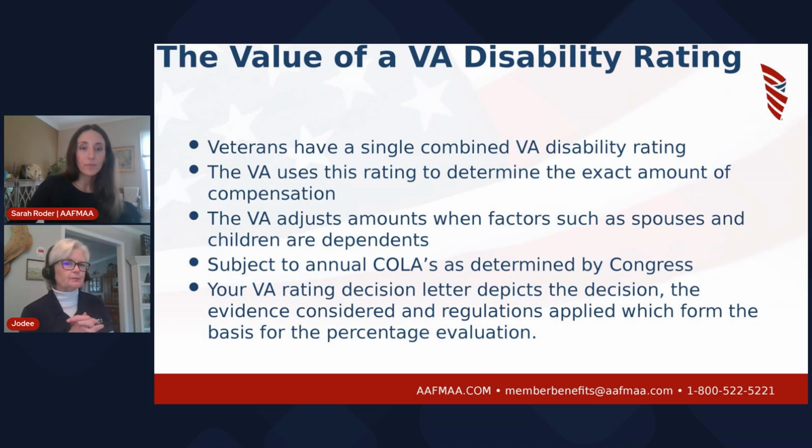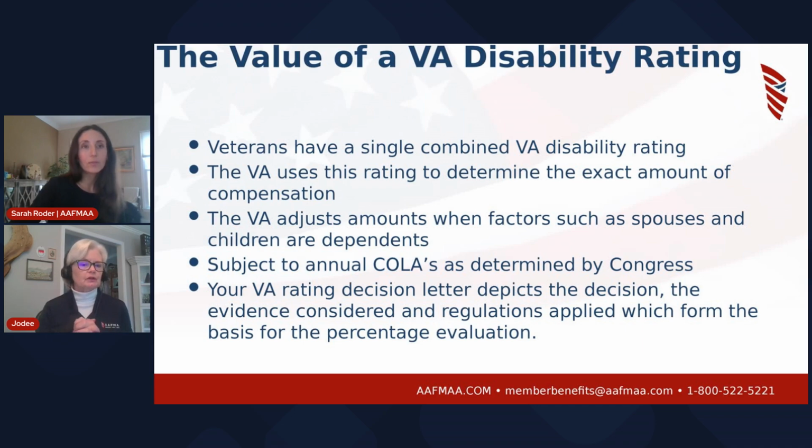Another thing that's really important and valuable for VA disability rating for our military retirees is that once they reach the 50% rating level, that's called concurrent receipt. Those retirees are allowed to receive all of their military retired pay and all of their VA disability compensation with no offset, those two in their entirety.